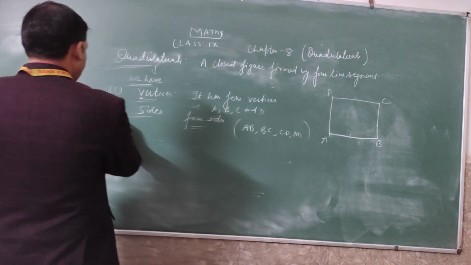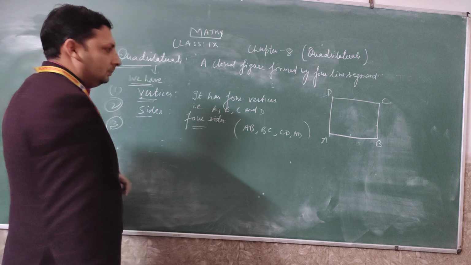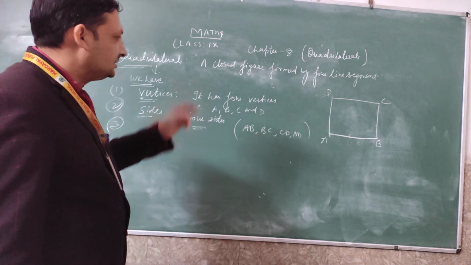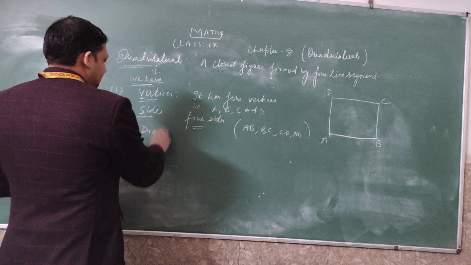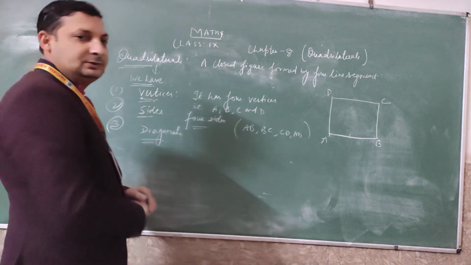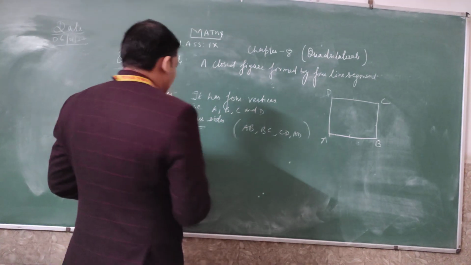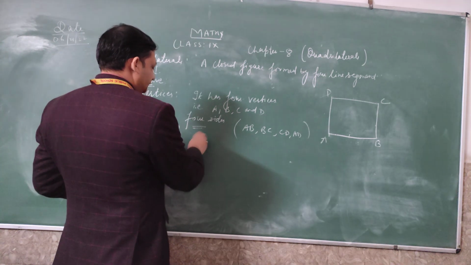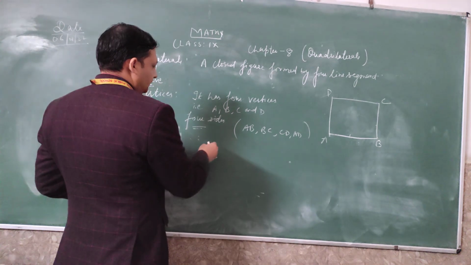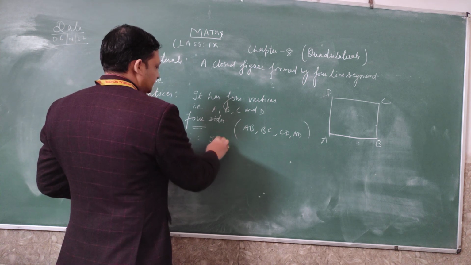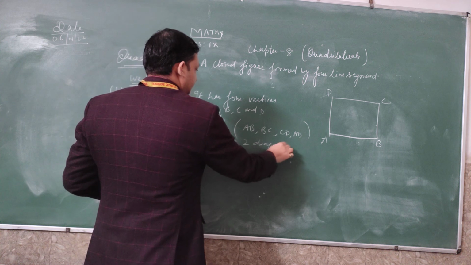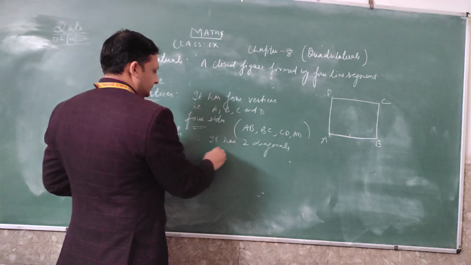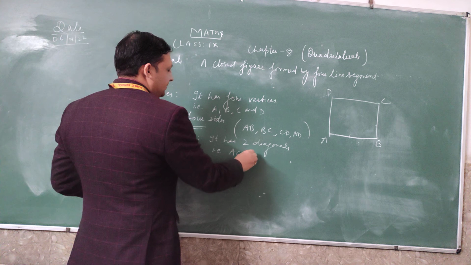Then the third thing of discussion is diagonals. It has 2 diagonals, that is AC and BD.